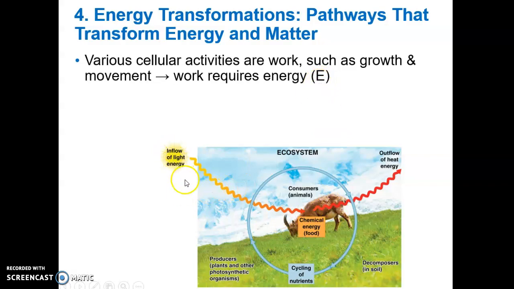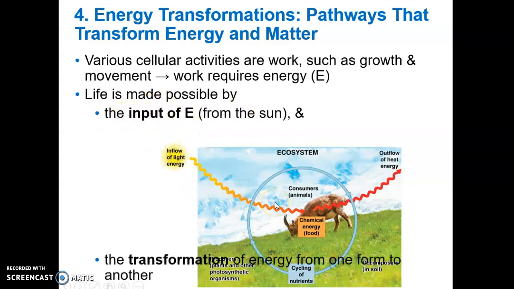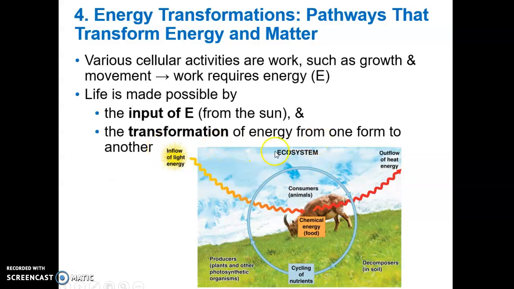So energy enters into a system, an ecosystem. It's usually always sunlight. And depending on the organisms, whether they're producers or consumers, they have to be able to utilize and transform that energy into forms that they can use, into food energy, which they generate themselves or they must consume. Okay? So life is made possible by the input of energy, like from the sun, and the transformation of energy from one form to another.